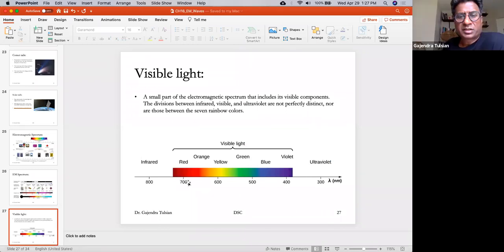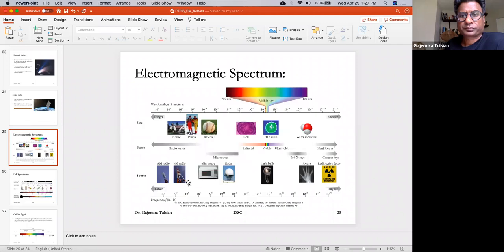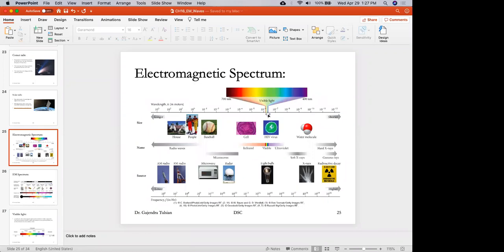Okay, the sensors we are born with, so your eyes, are sensitive to that narrow band of electromagnetic waves. So the visible band is very narrow. It is an extremely narrow part of the electromagnetic spectrum.